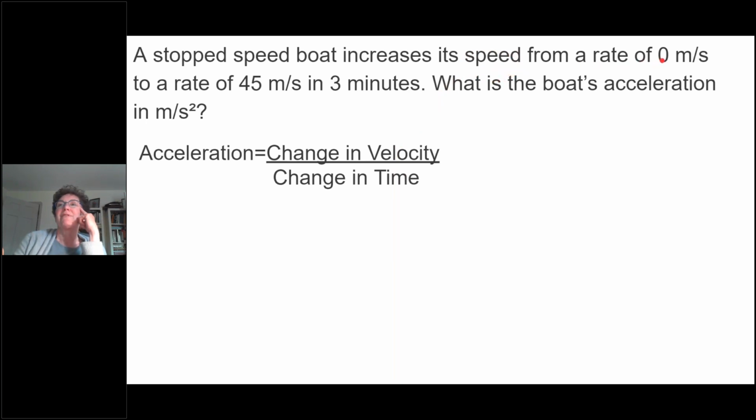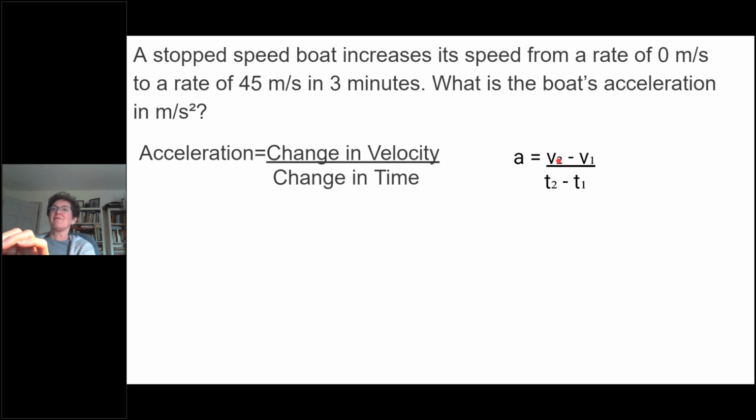We have 0 meters per second to a rate of 45 meters per second. We call that change in velocity over change in time. The way we determine that is to subtract the velocities, subtract the times, and then divide.